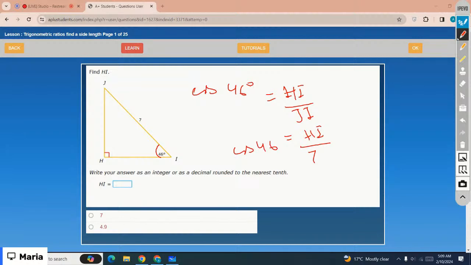Let me just calculate. Cos 46 equals 0.694.